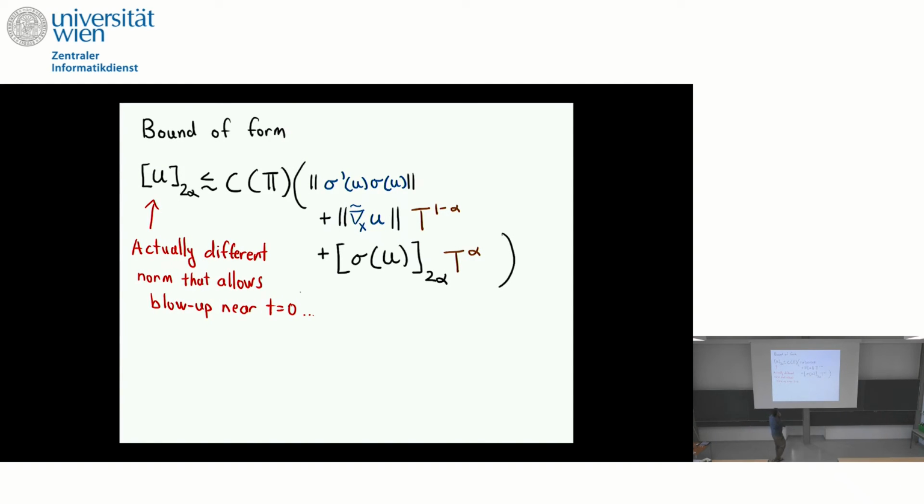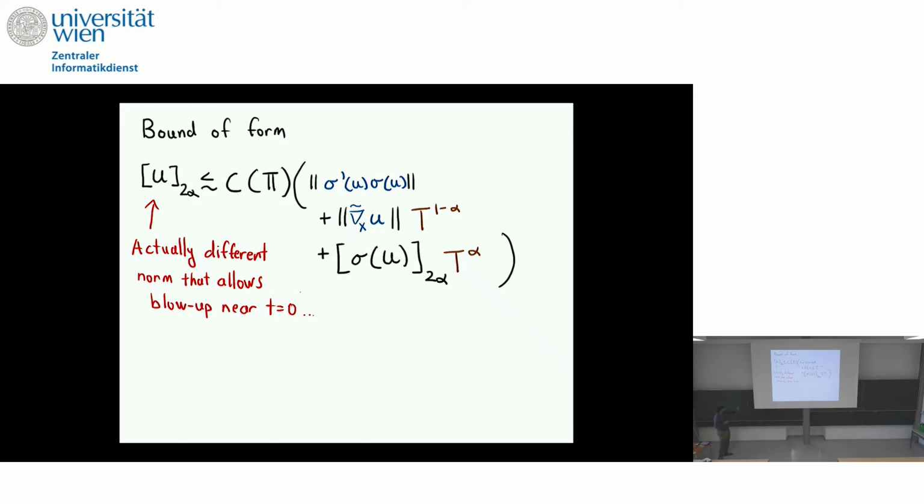Okay, so there's a little bit of a cheat here, which is that the way to run this argument is to not use the modeledness semi-norms that I introduced earlier, but to use a variant that has a blow-up condition near the time equals 0 hyperplane.